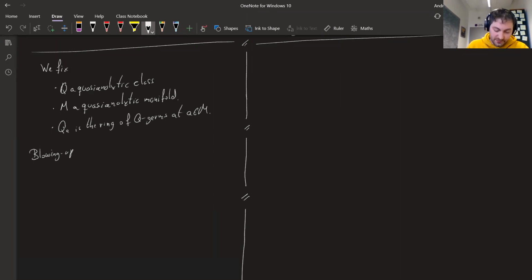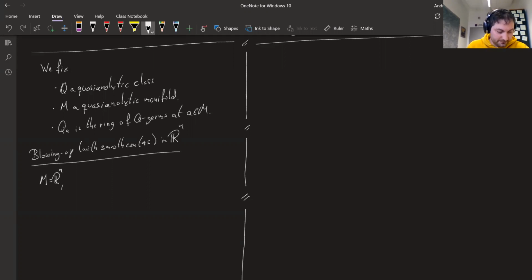All of the blowing ups that we're going to do are going to be with smooth centers. Now let's start in Rn so that we also review the way that we usually set the charts. So we start by taking M equal to Rn.